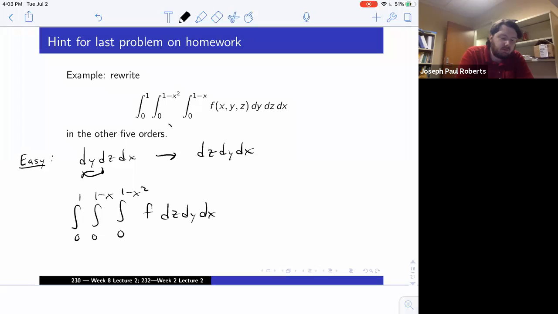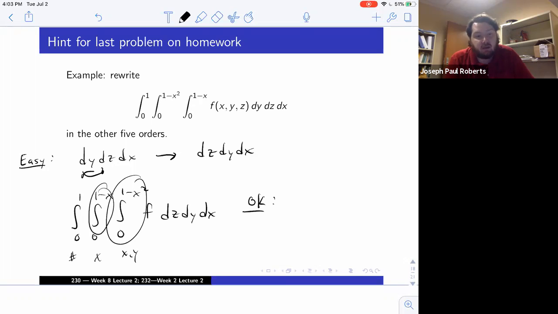So all I did was switch the y and the z, and this is okay. Since, remember, your z bounds can have x's or y's, your y bounds can have x's, and then your outermost bounds have to be numbers, and this certainly follows those rules.